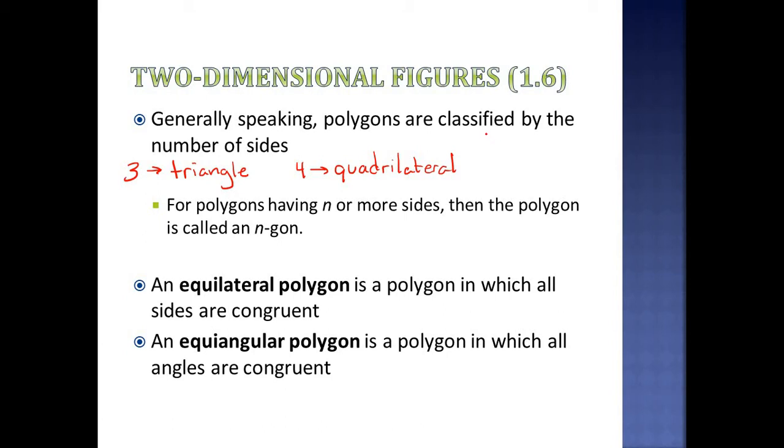We have our pentagon, that's 5 sides. Hexagon is 6 sides. Heptagon is 7 sides. Octagon is 8 sides. Nonagon, you write that right, is 9 sides. And decagon is 10 sides.